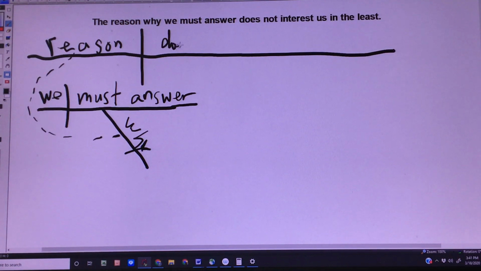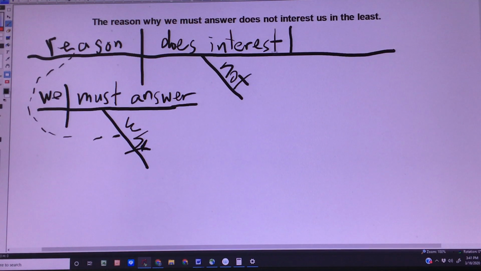does interest. How does it interest? Not. What gets interested, though, not us.